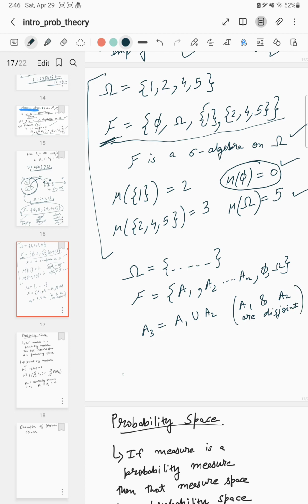Okay, so the measure of A3 here would be mu of A1 plus mu of A2, since A1 and A2 are disjoint.